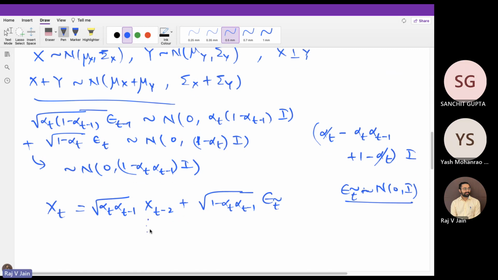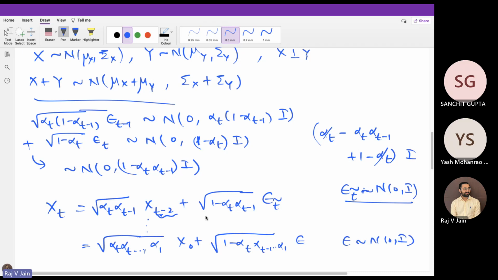If we continue like this, we just multiply until we get to this particular value. I can write this as alpha t minus 1 until alpha 1, into x0, plus root of 1 minus alpha t minus 1 until alpha 1 with some Gaussian distribution. This epsilon is again a Gaussian distribution, so we basically added the variances here.